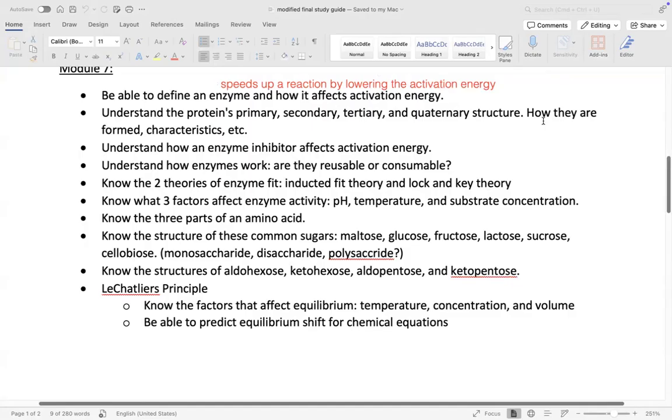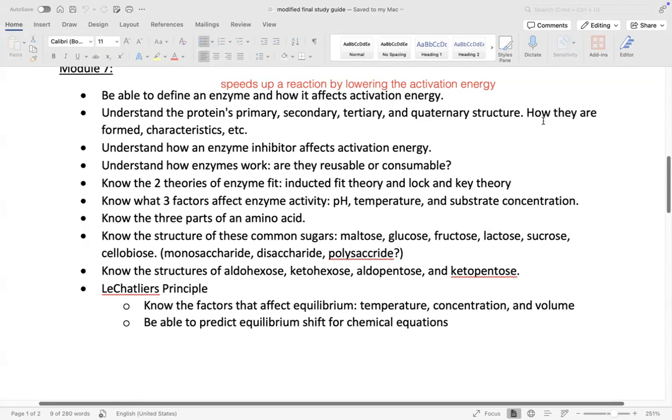Understand the protein's primary, secondary, tertiary structure, how they're formed. So that was our practice test question where I listed A was primary, B was secondary. Primary structure is how they line up one by one, linearly. Secondary has to do with those alpha and beta sheets.